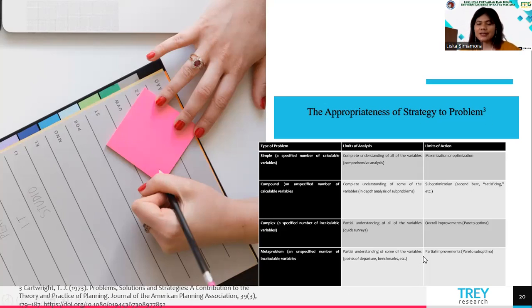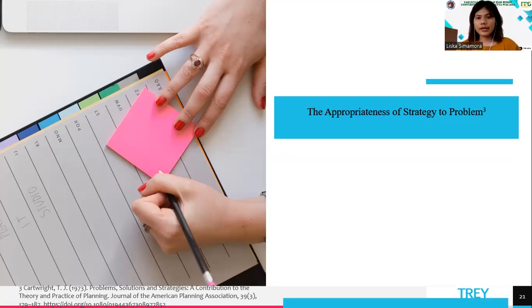So we only understand the variables partially. Okay. And then meta problem, we also have partial understanding of some of the variables. We already understand some variables, and also the understanding of the particular variables is also partial.